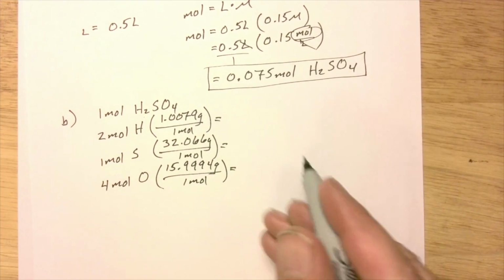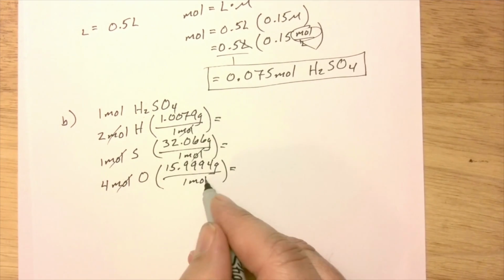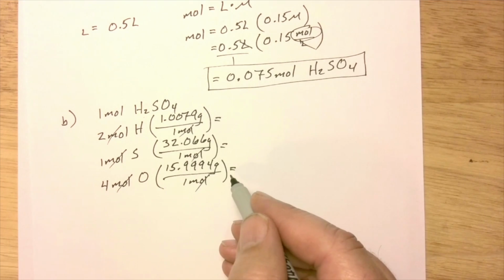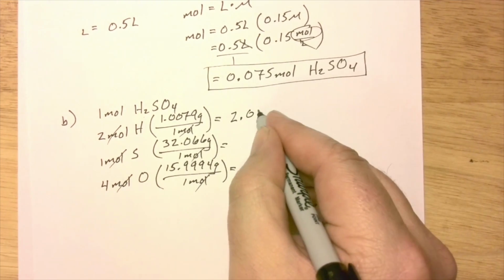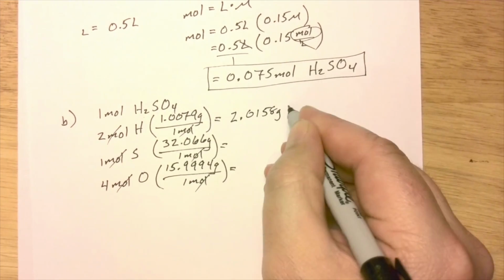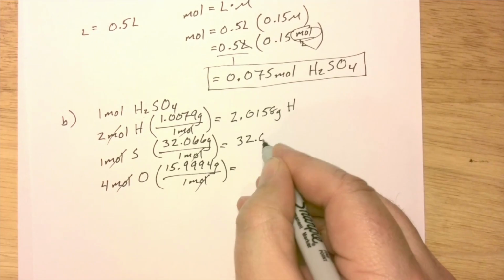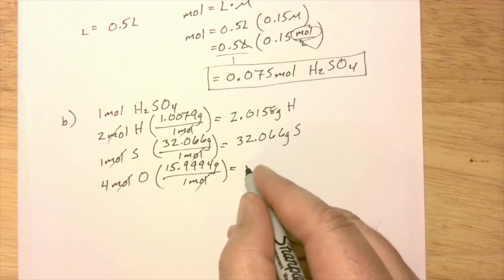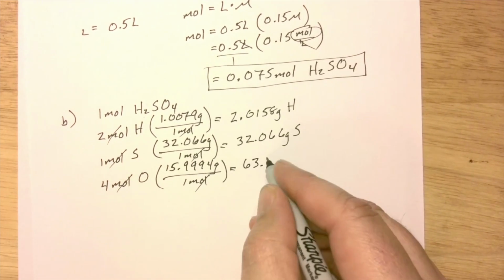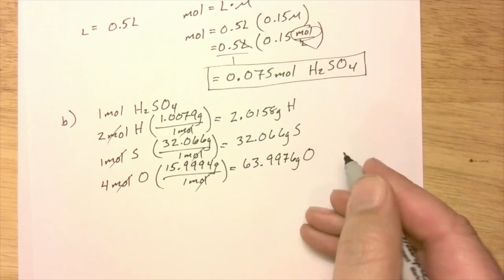All right, so moles will cancel, and we're left with the unit grams. So you're going to have 2.0158 grams of hydrogen, 32.066 grams of sulfur, and 63.9976 grams of oxygen.